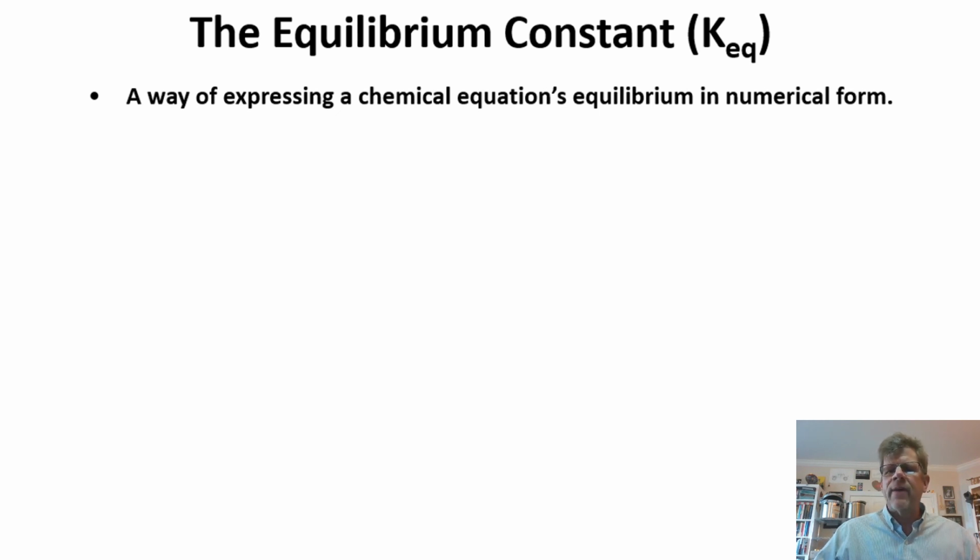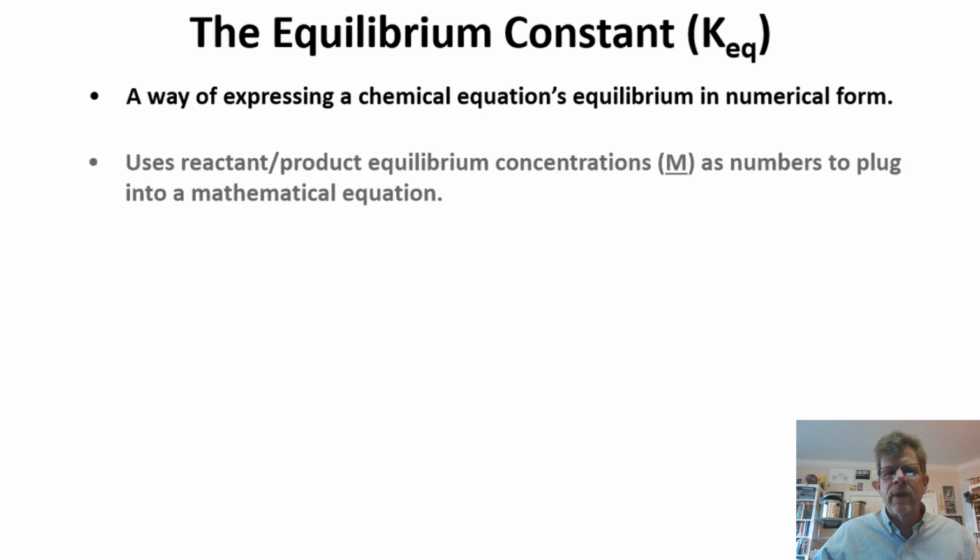So we have a way of describing a particular chemical reaction's equilibrium by using what is known as an equilibrium constant, Keq. This is a number. It's a way of expressing a chemical equation's equilibrium in numerical form.